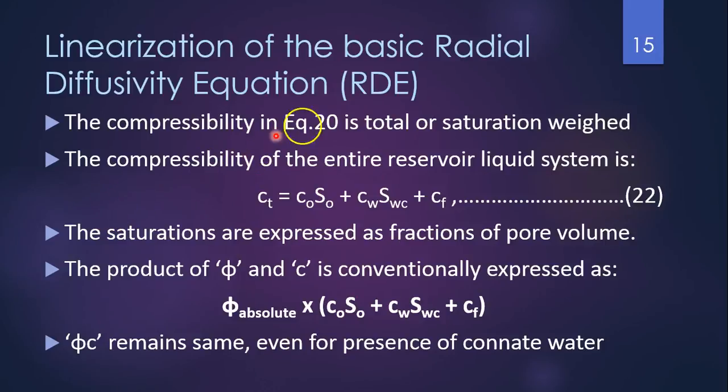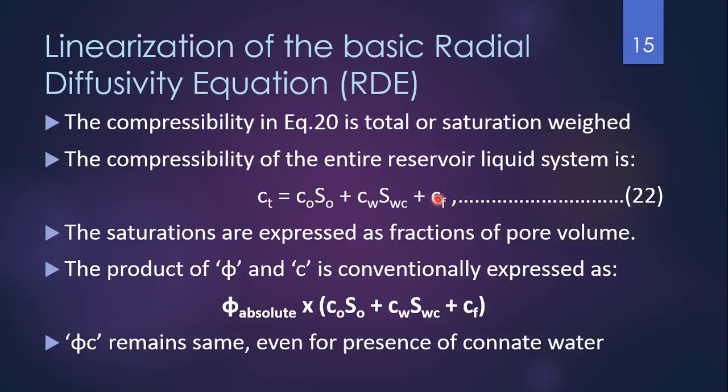The compressibility in equation 20 is the total or saturation-weighted compressibility. The compressibility of the entire reservoir liquid system is Ct, which is equal to Co, the compressibility of oil, into So, the saturation of oil, plus Cw, the compressibility of water, into Sw, the saturation of water or formation water, plus Cf, the compressibility of the formation.